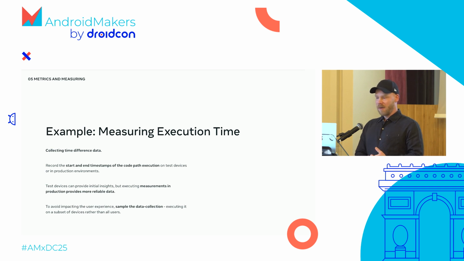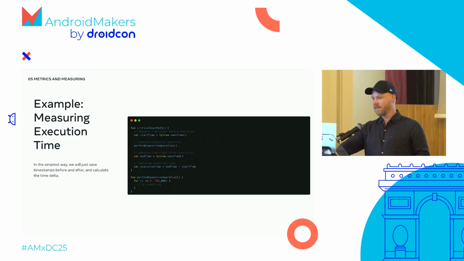Depending on how much data we need, measuring in production itself can also, though, have an impact on the performance. So if we add this performance logging, we're adding overhead for our users as well, right? Because we need to store the timestamps, we need to make sure that we have all the necessary data collected. So we should sample the data collection and only execute it on a subset of devices, so we don't impact the overall user experience.